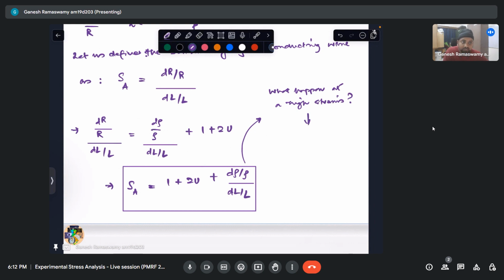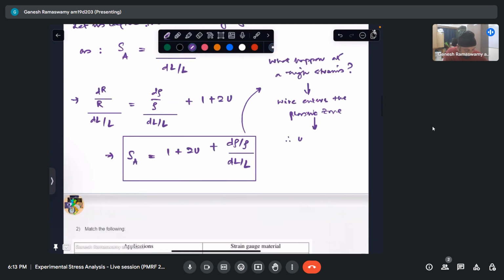So at high strains, the conductor or the wire, the metal, becomes plastic and enters the plastic zone. Therefore, Poisson's ratio approaches 0.5.